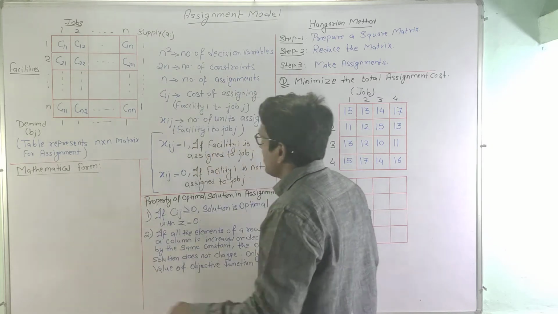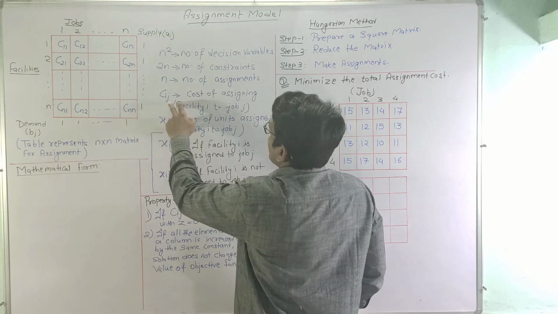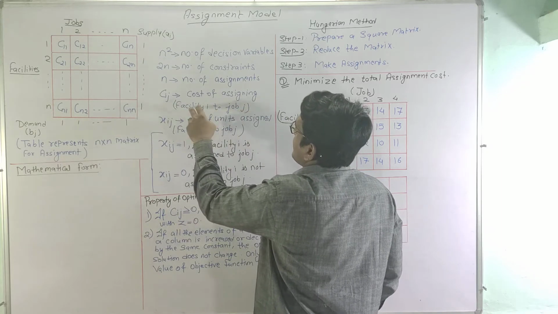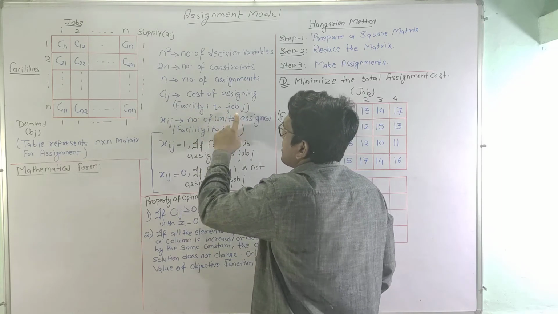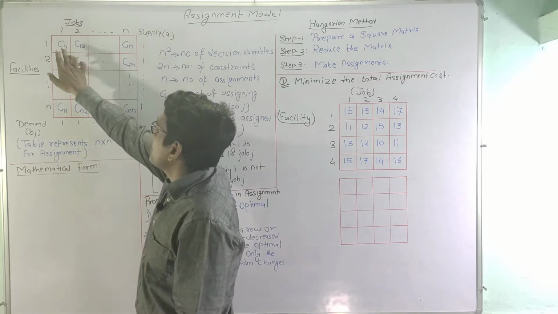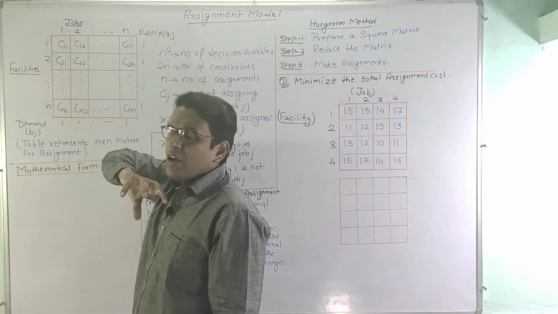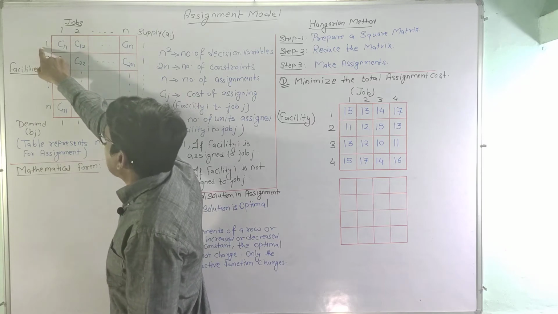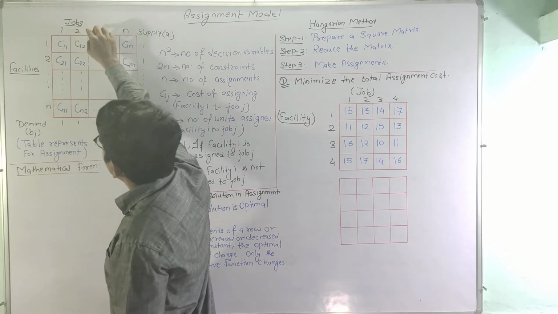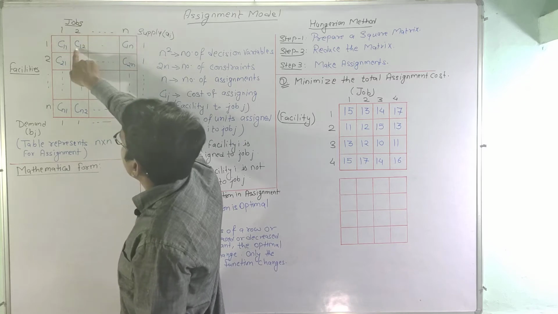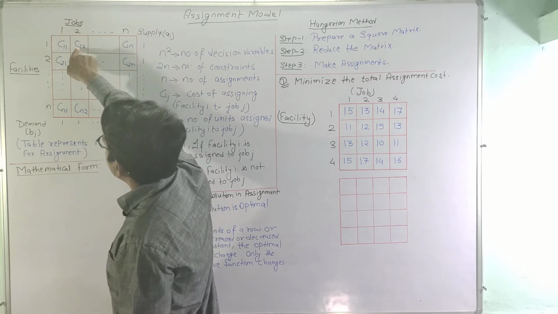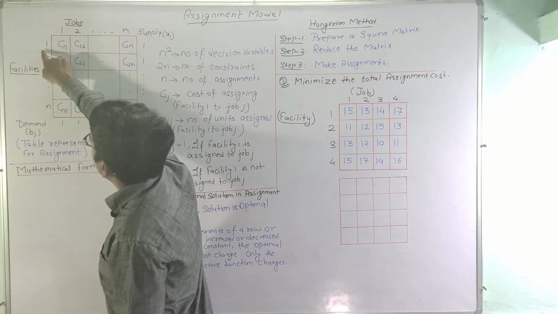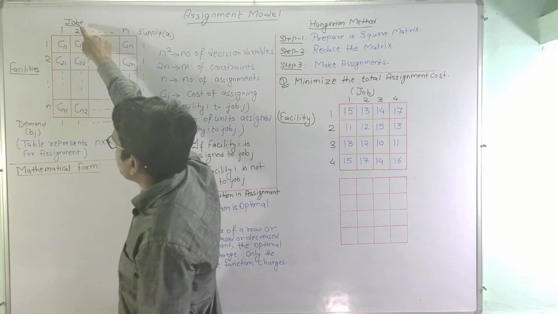Now as we know, Cij is the cost of assigning facility i to job j. That means C11, C12 are the costs of assigning facility i to job j. Suppose cost C12 is associated with assigning facility 1 to job 2.